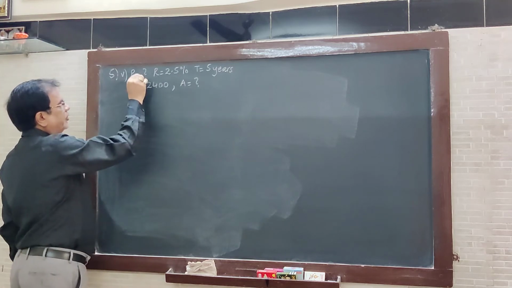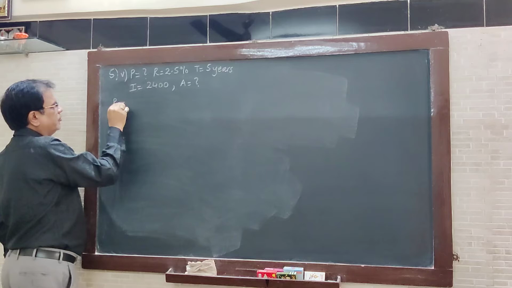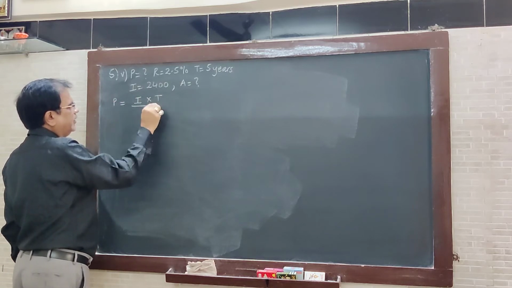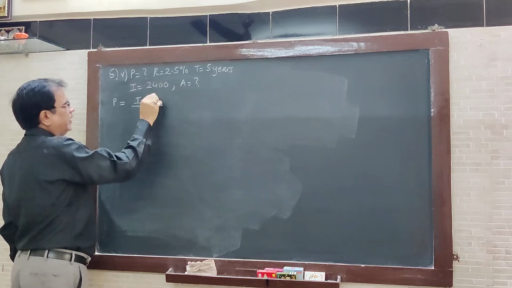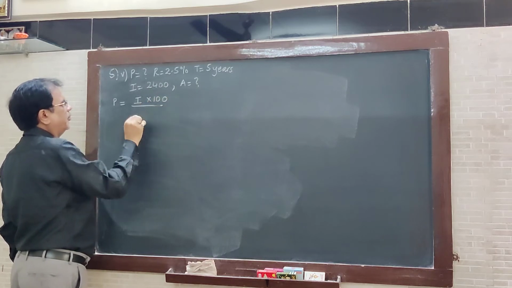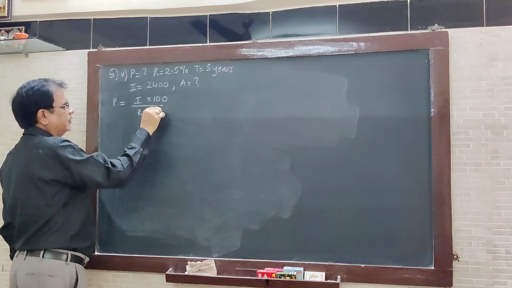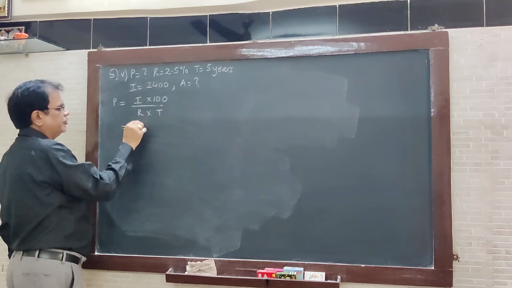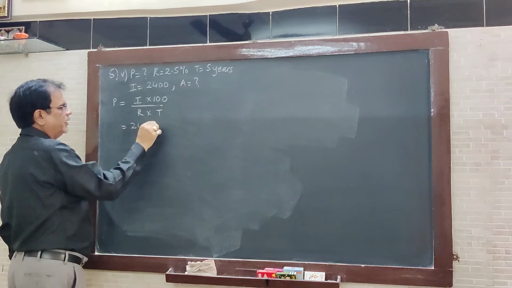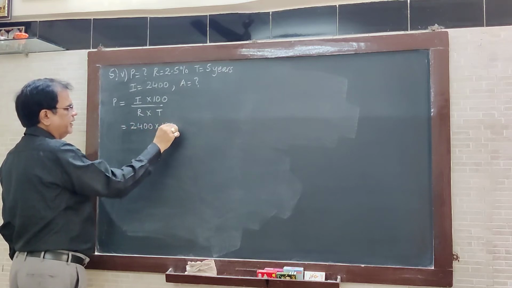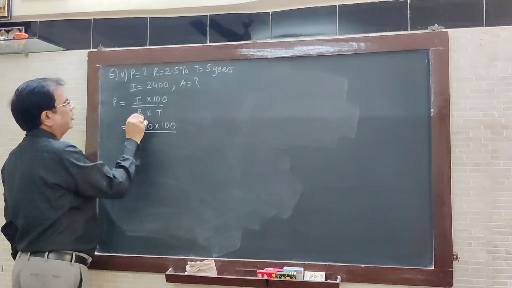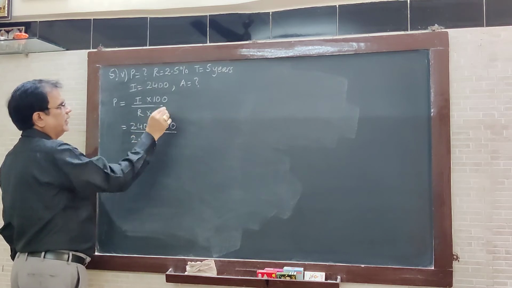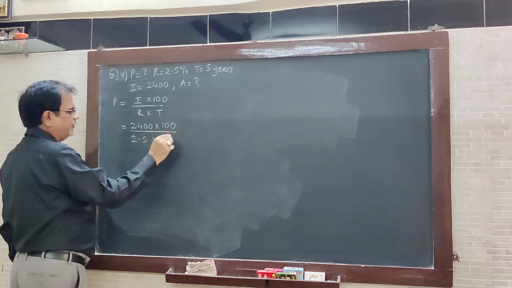So first you have to find out principal. So I have given you the formula for principal. Principal is equal to I into 100 upon R into T. I is given how much? 2,400 multiplied by 100 upon rate 2.5% multiplied by term is how much? 5 years.